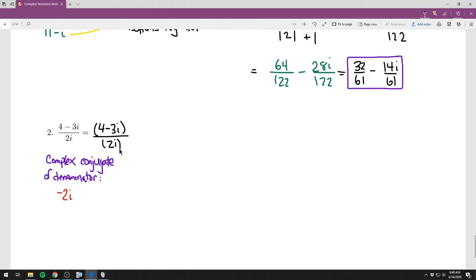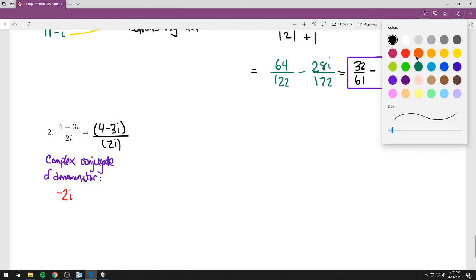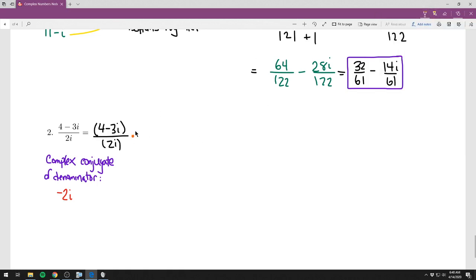I'm going to just write it in parentheses again, even though it's not going to look like FOIL this time. All right, now on the top you need to distribute the negative 2i through. This isn't FOIL because there's not two things over here. It's not a binomial. But we can distribute the negative 2i through. And on the bottom, we're just multiplying 2i and negative 2i.